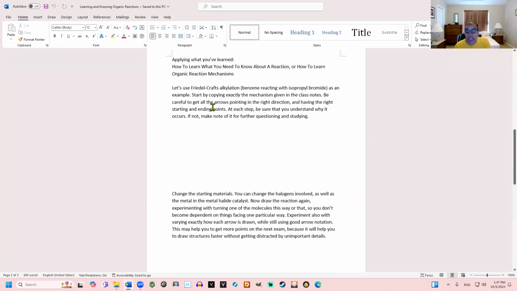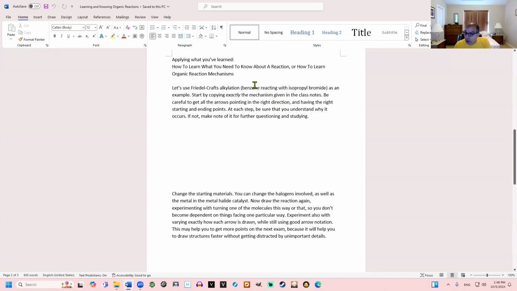But you will want to change this for a reaction in the second exam, so you might want to change this to acetal formation. You start out by looking at the example from class. Look at an example that you know is correct. You can get it from the class notes or the solved exam practice questions, but look at an example that you know is correct and copy it exactly.